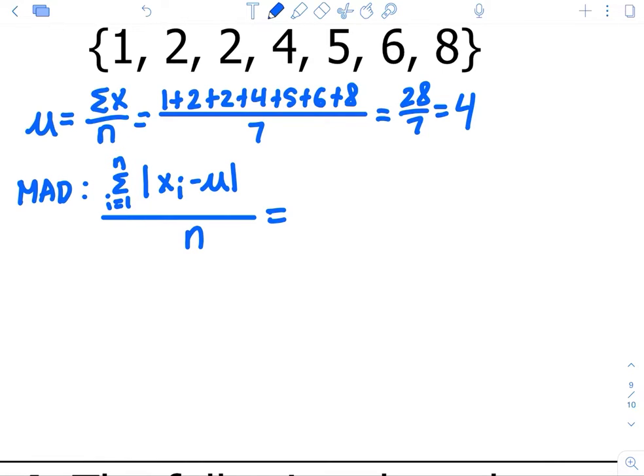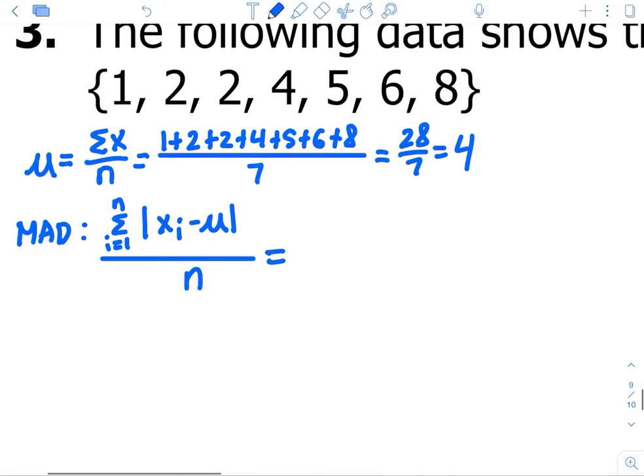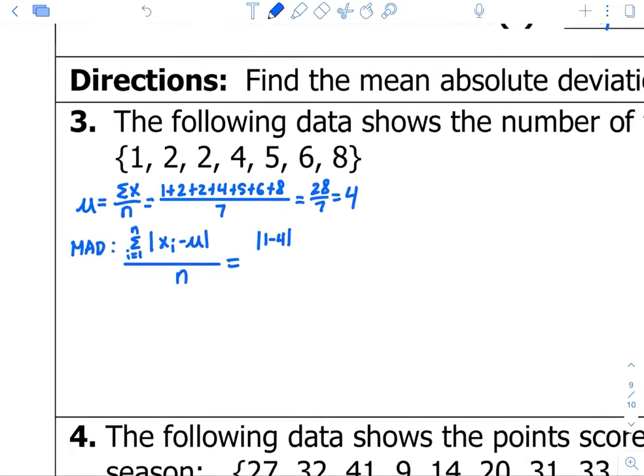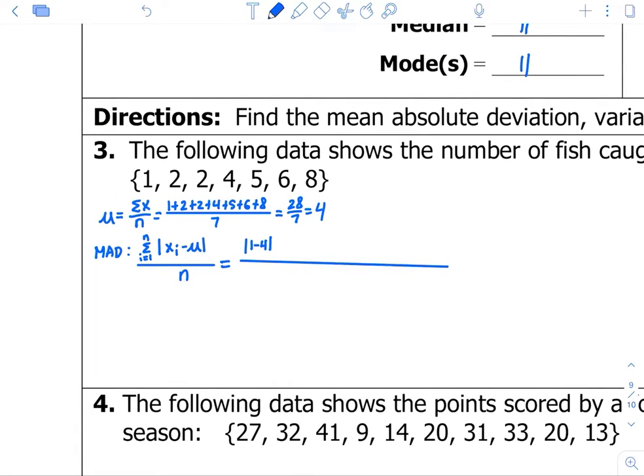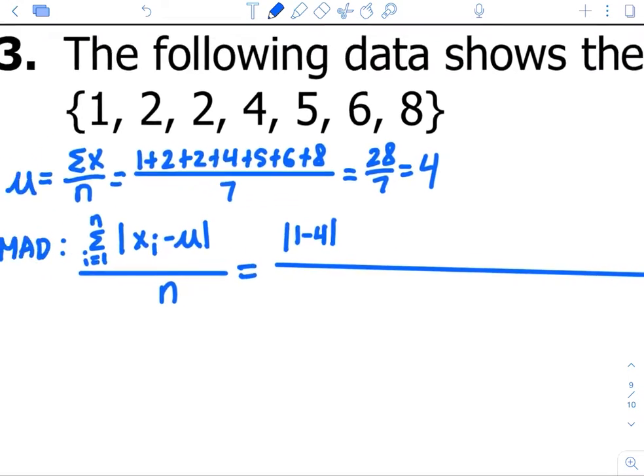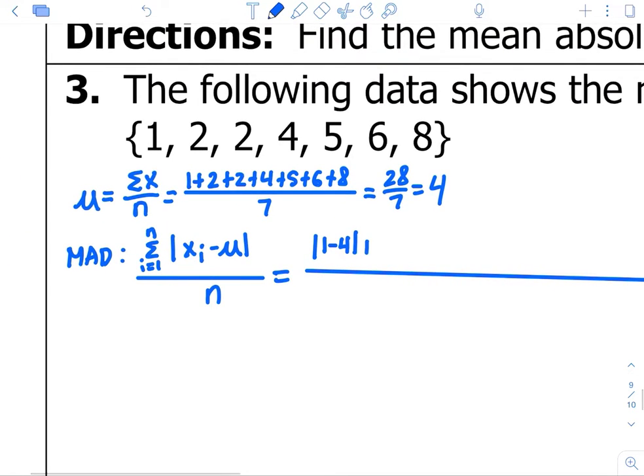So what is our first data value? If you plug in 1 for i, that's going to be x1. Your first data value is 1, so the absolute value of 1 minus the mean, which we just found to be 4, and it's all over n at some point. Okay, that's our first one. What's our second data value?